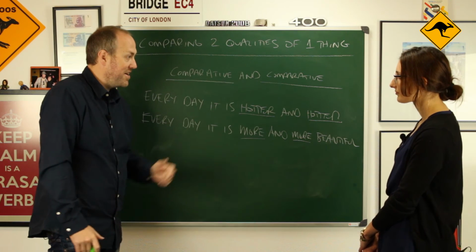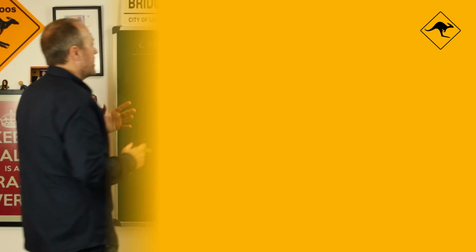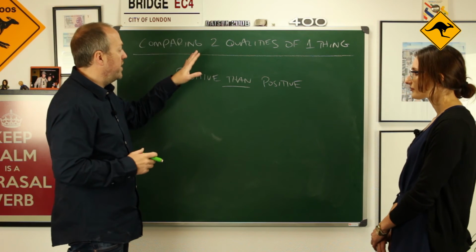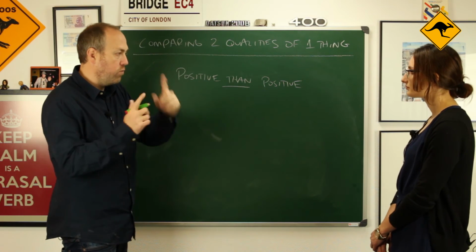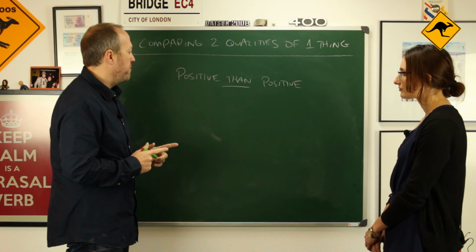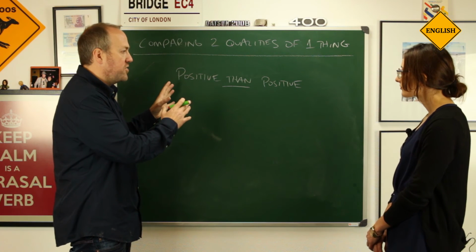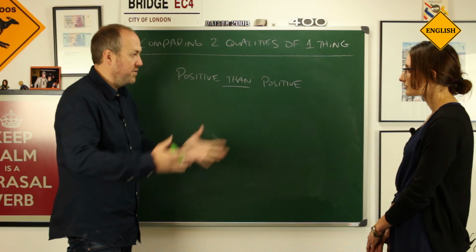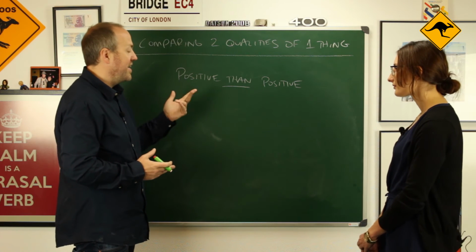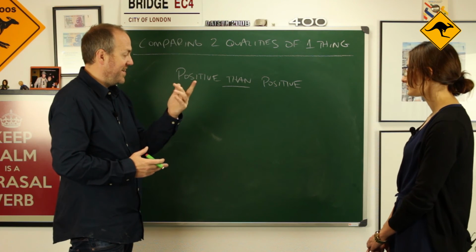Okay, and there's one final type. So remember, we're comparing two qualities, but of one thing. So in this case, imagine a friend of yours or a person of yours. Okay. And they have two qualities. Okay?